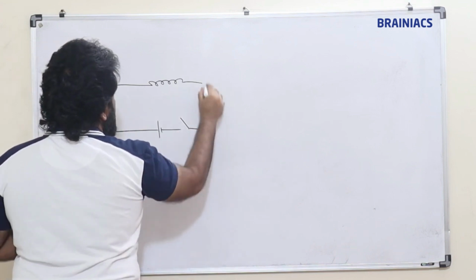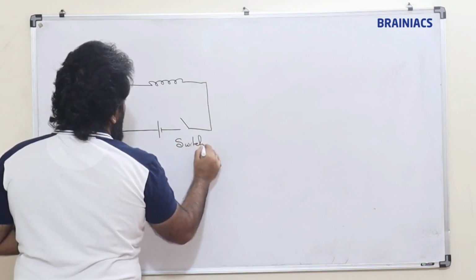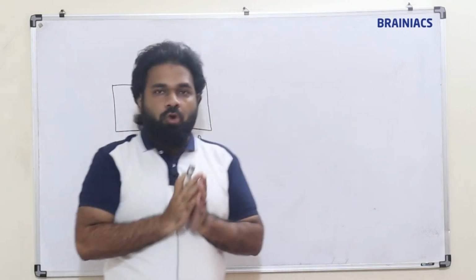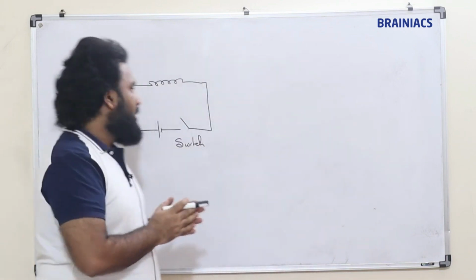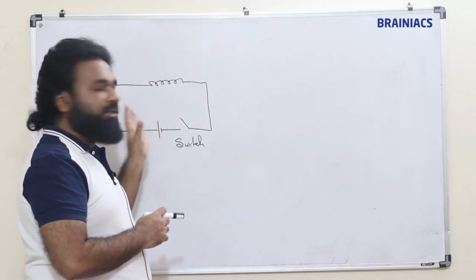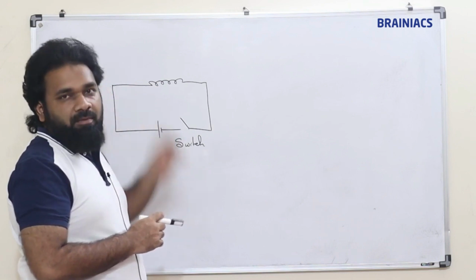This is a switch. Now when the switch is open, that is when there is no current in the circuit, no change in flux, no change in current, no change in magnetic field, there won't be any EMF also.